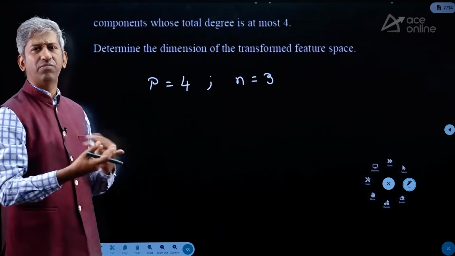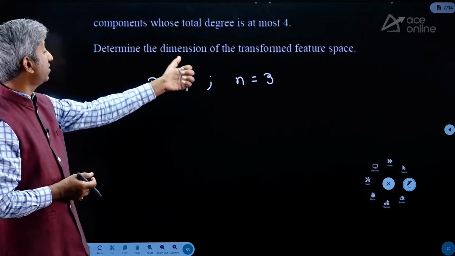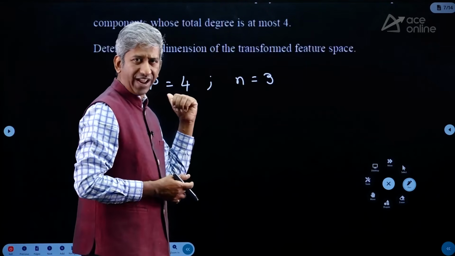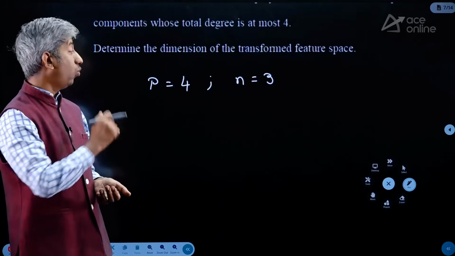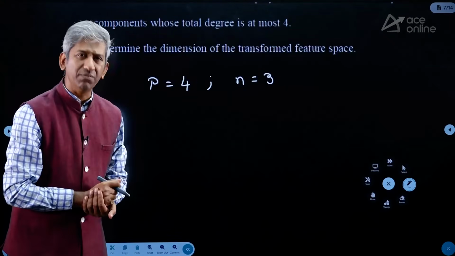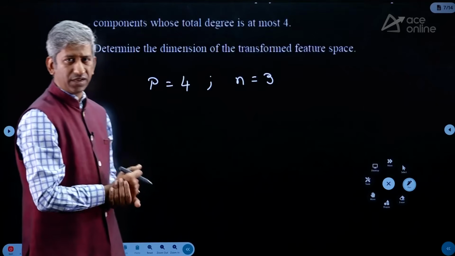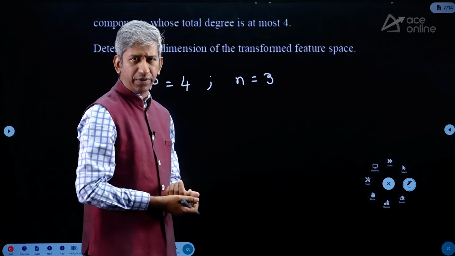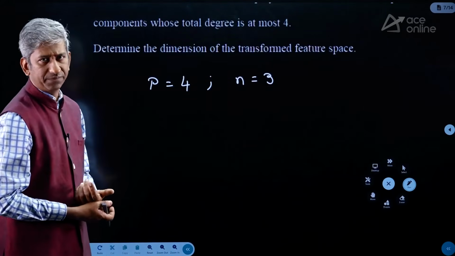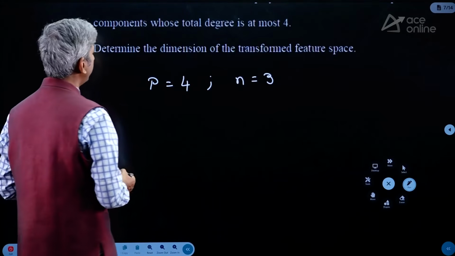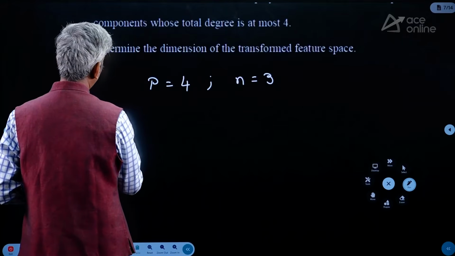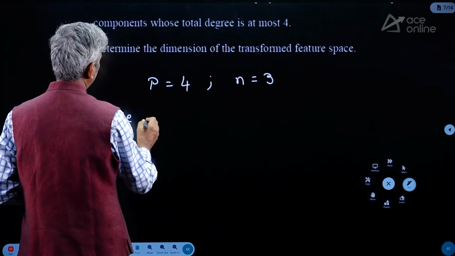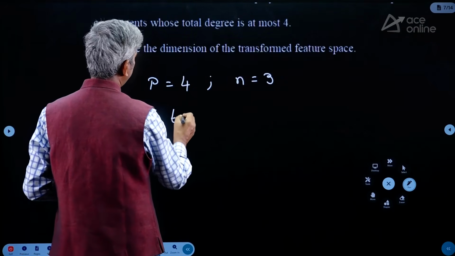That means it is transformed into at most, if I am considering all the terms up to 4, what would be the highest possible transformed feature space that needs to be obtained? That can be given by the size of the transformed feature space.